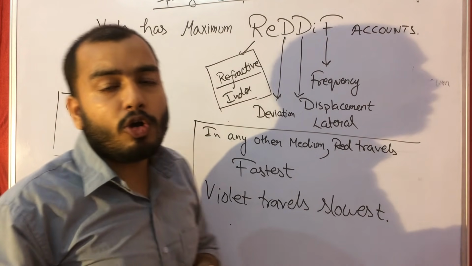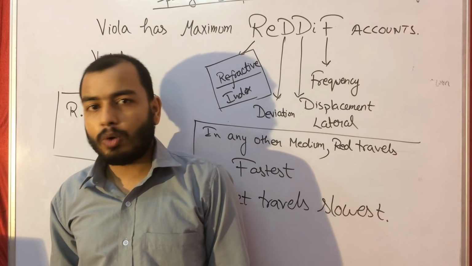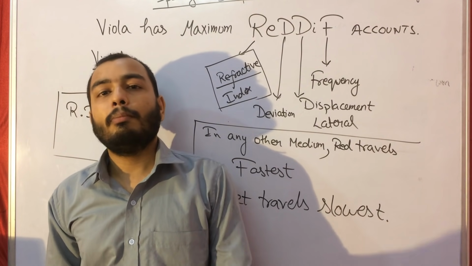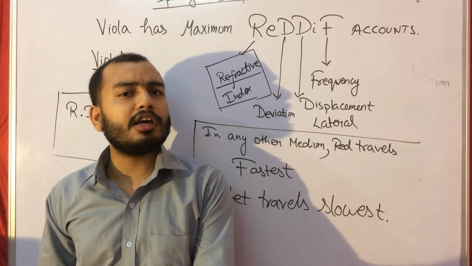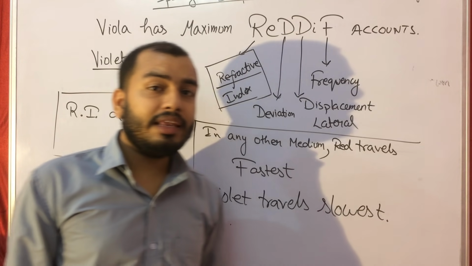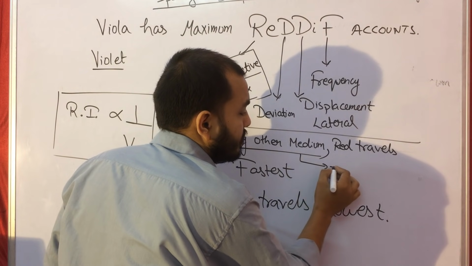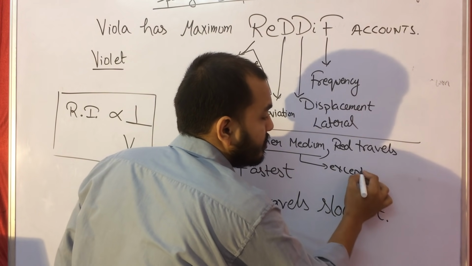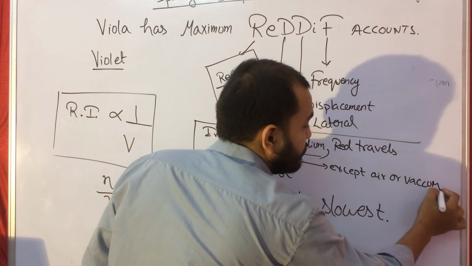Splitting of white light into 7 colors. Why does this happen? Because different colors of light travel with different speed in any other medium except air or vacuum.